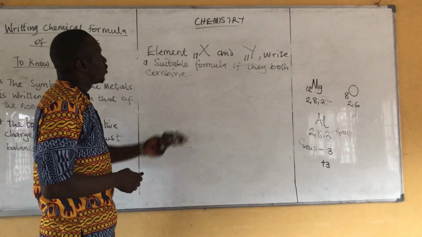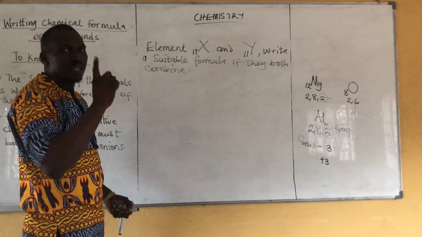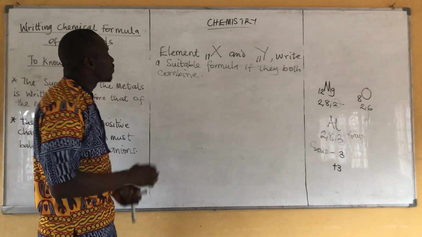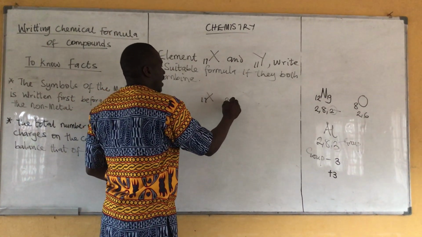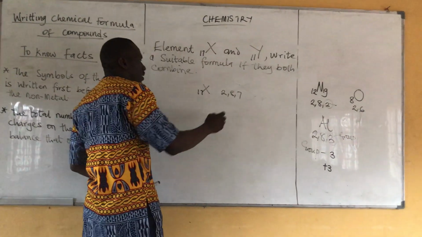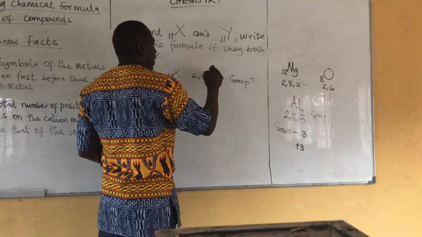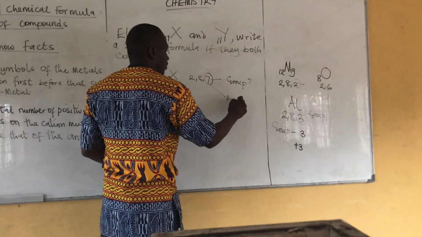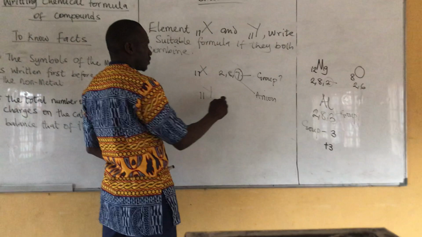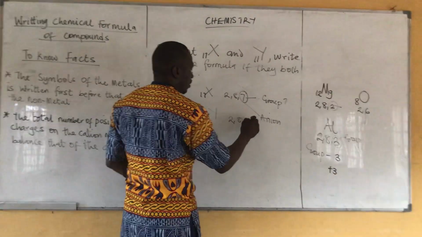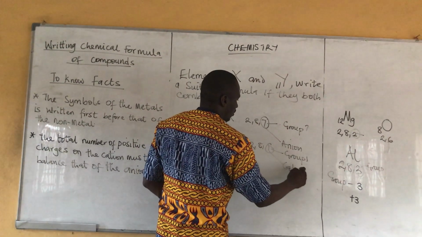Listen to me. You don't need to identify the compound or the elements because they have not asked us to. What you need to do is just work with your X, which is 17. Write the configuration. Definitely element X is in group 7, so this is our anion. Then Y is 11: 2, 8, 1, group 1. So this is our cation.